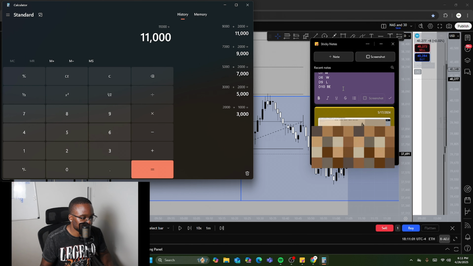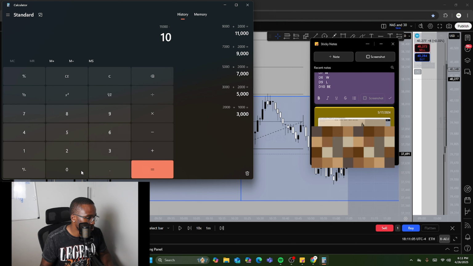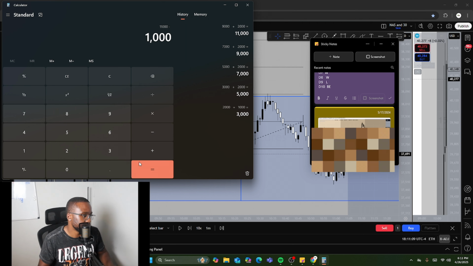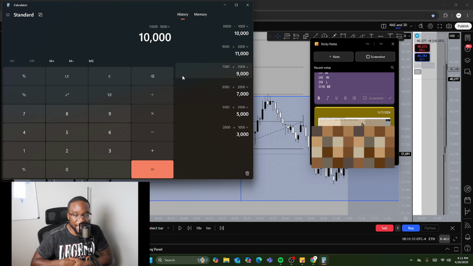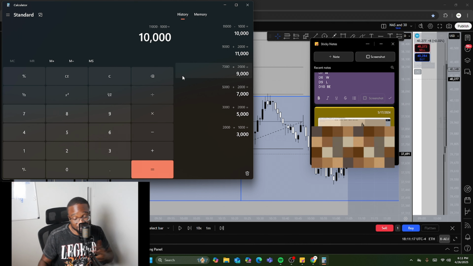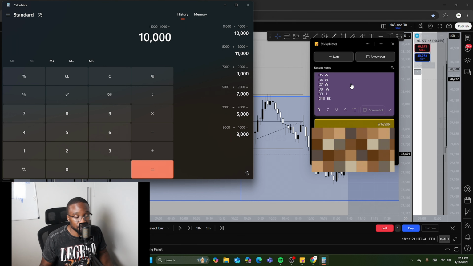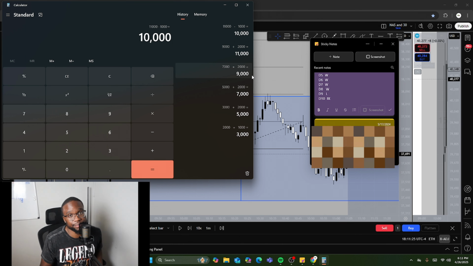Day 9, L, minus 1,000. And break even. So that's equal what? $10,000 after 10 trades. After 10 trades, you made $10,000. And this is just 10 trades, risking $1,000 each trade.